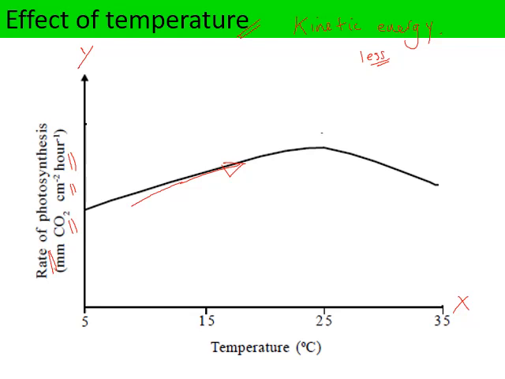So the rate of photosynthesis is going to be lower at the lower temperatures because the substrate and the enzymes both have less kinetic energy, they move more slowly, there's less successful collisions and therefore less enzyme substrate complexes. And we know that photosynthesis involves lots of different enzyme steps and different proteins, for example in the Calvin cycle, and therefore photosynthesis is affected fairly significantly by changes in temperature.